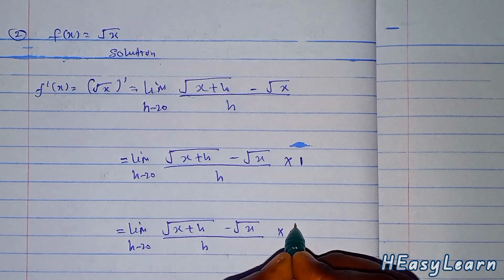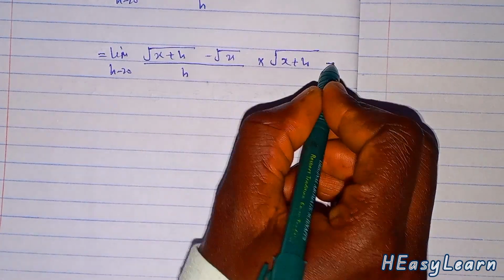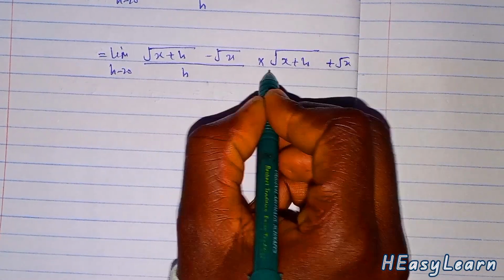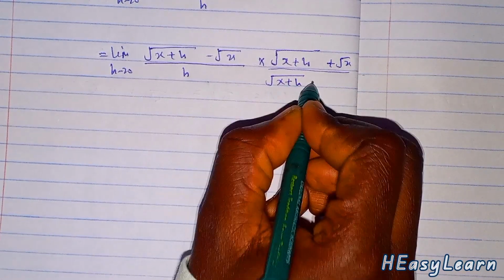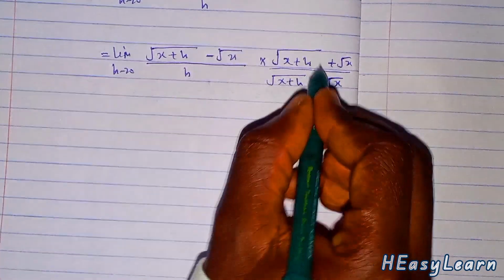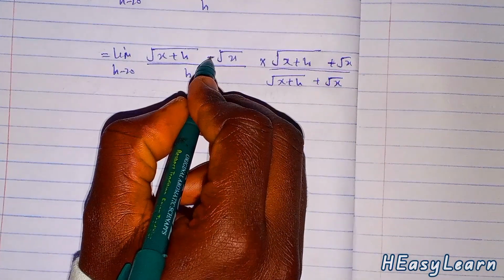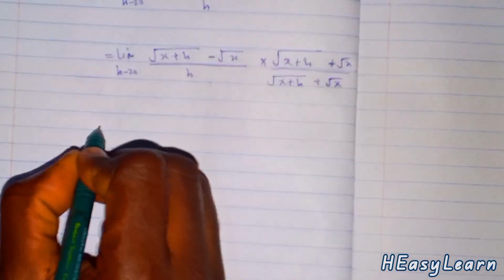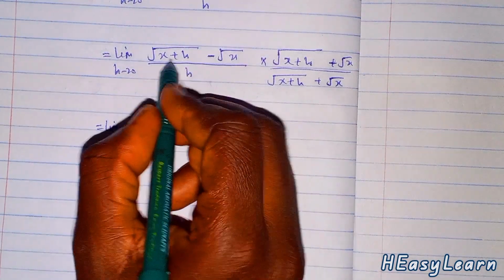the square root of x plus h plus square root of x over square root of x plus h plus square root of x. Here is negative. To rationalize, 1 will be positive. If here is positive, here will be negative. This is the same thing as the limit as h approaches 0.